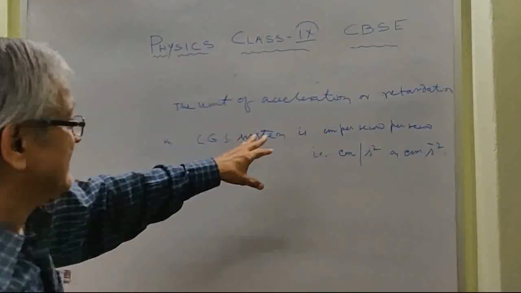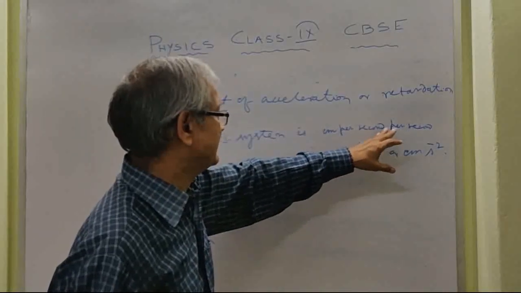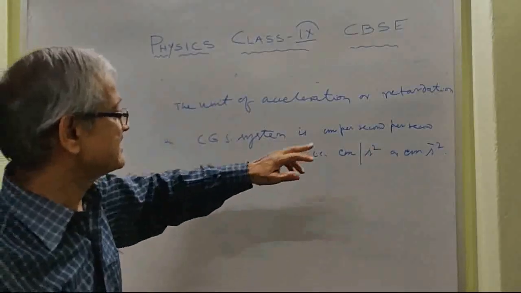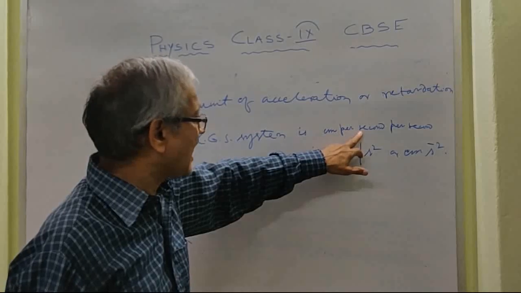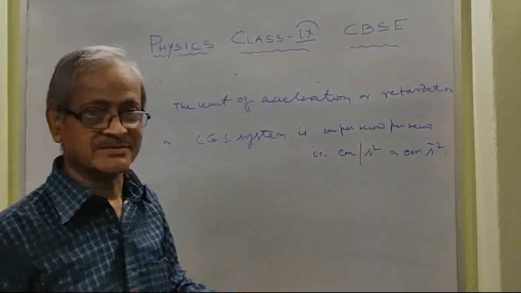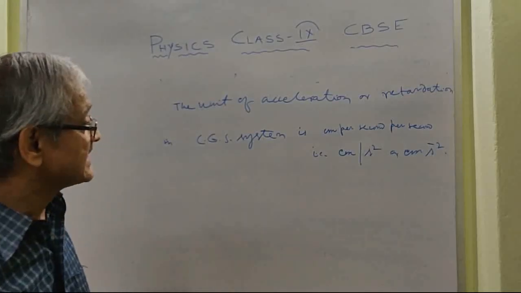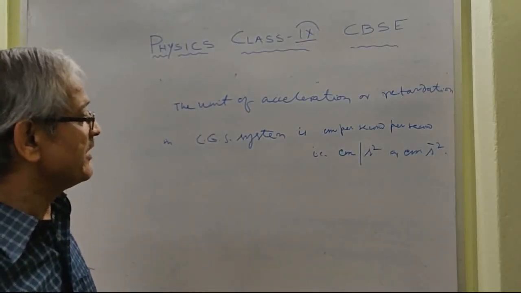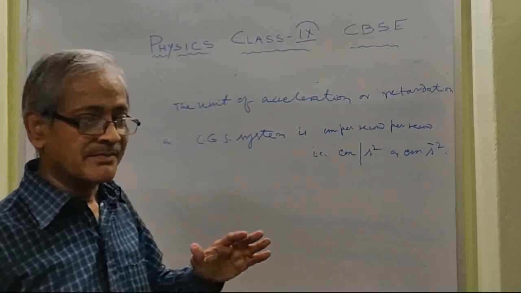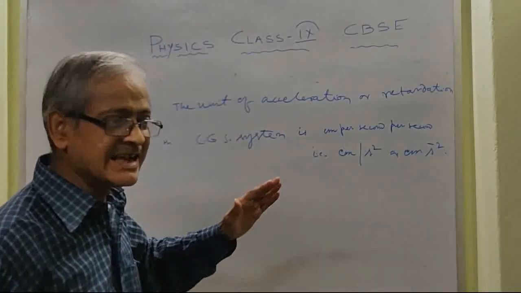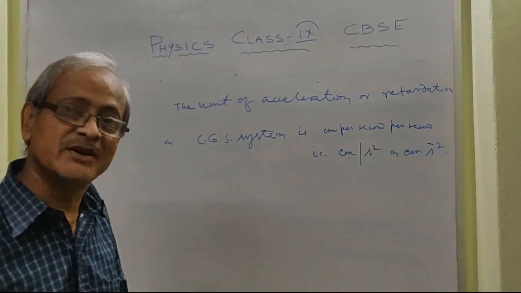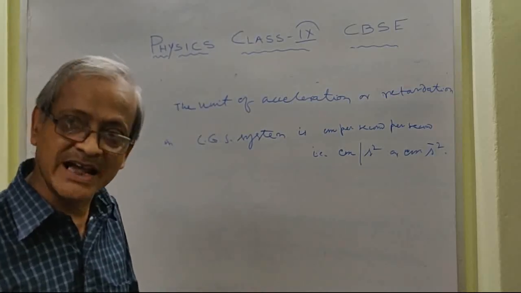Here we see that per second, that is second terms come 2 times. Why 2 times second terms? It is so because first time for the velocity and second time for the rate of increase of velocity, that is time, velocity by time.